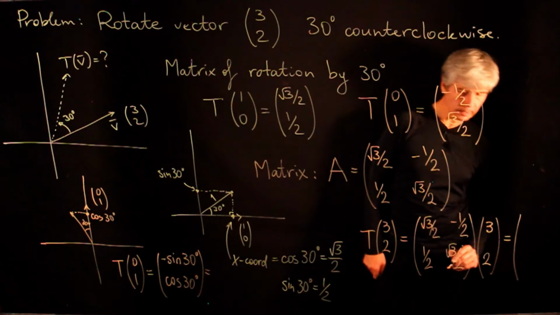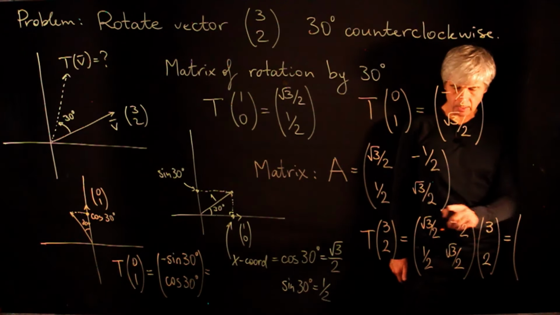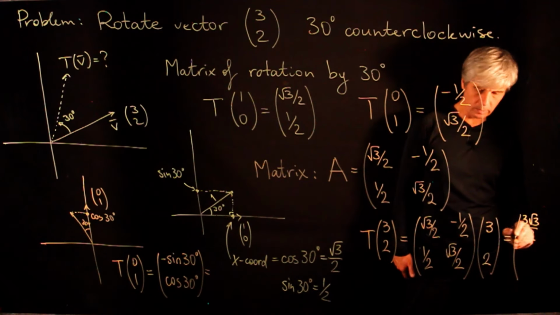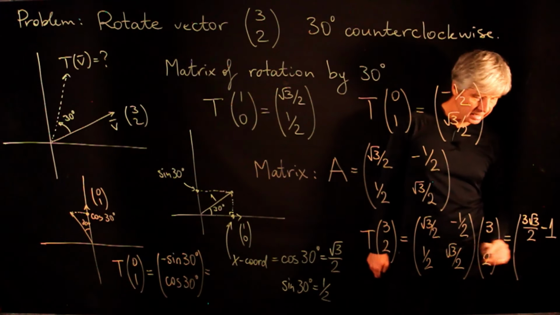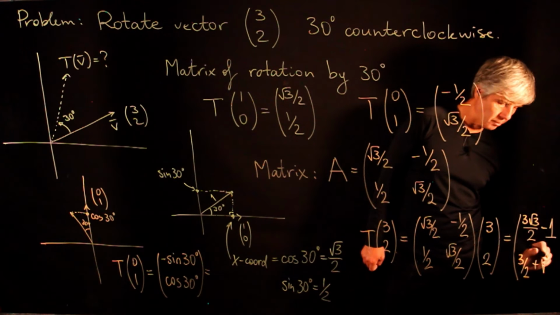And so the result is going to be, so here we get 3 root of 3 over 2 minus 1. So this is the first component. And the second component is 3/2 plus root of 3.